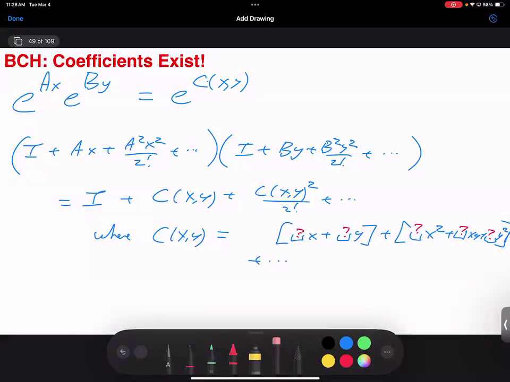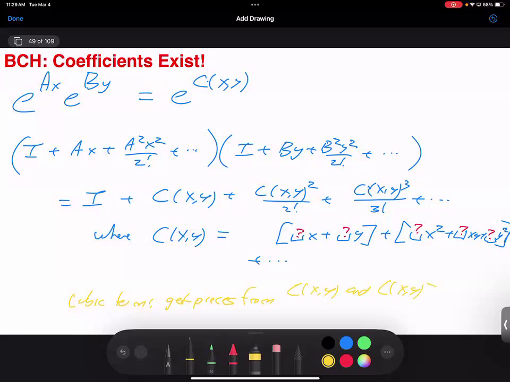Now, if we want to do the cubic, I'll add one more term here: c of xy cubed over 3 factorial plus dot dot dot. If we want to get a cubic term, we get pieces from c of xy, c of xy squared, and c of xy cubed.